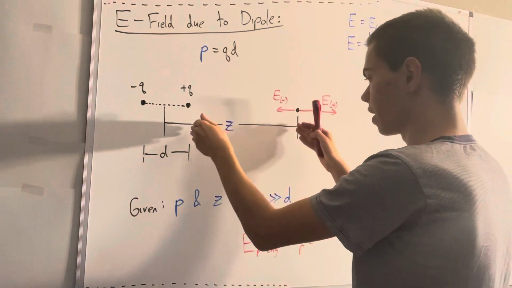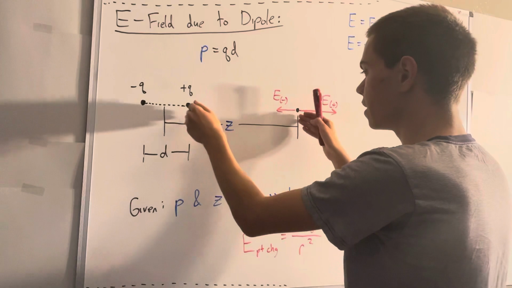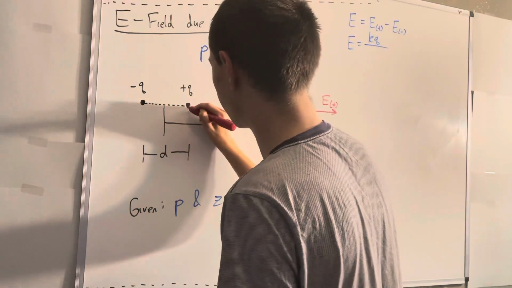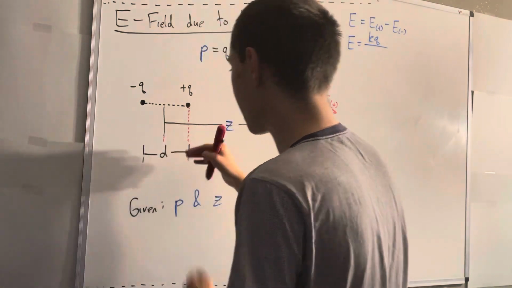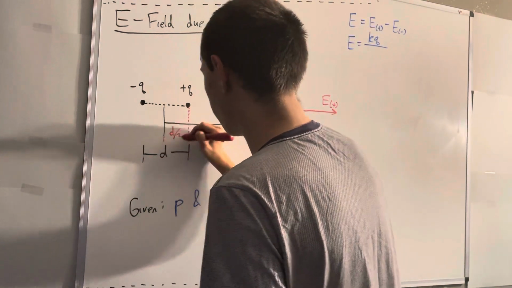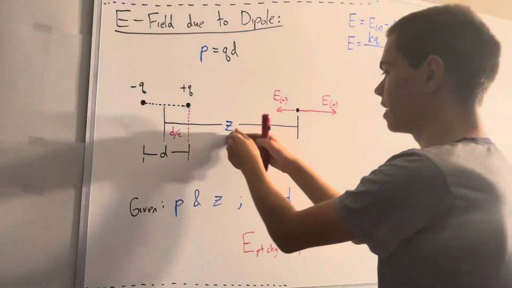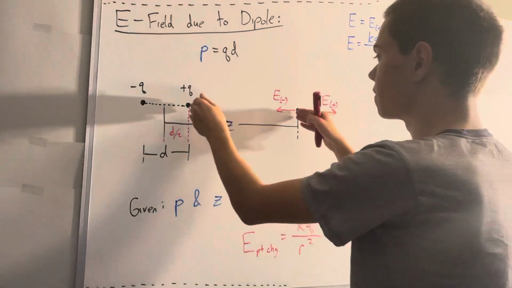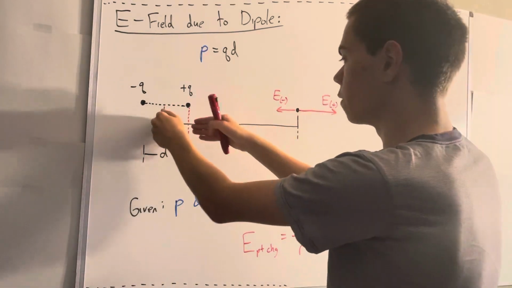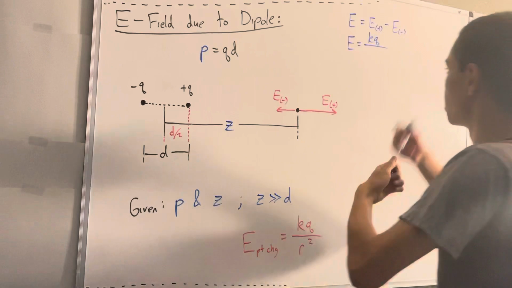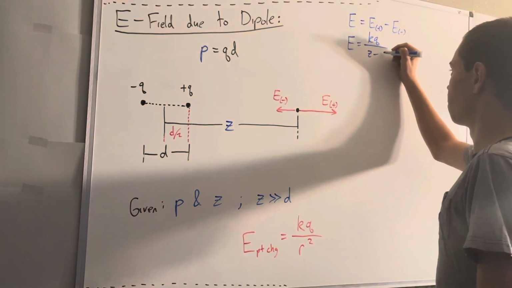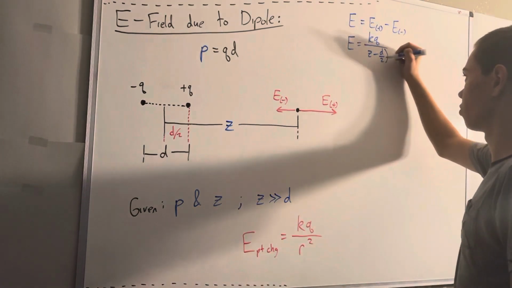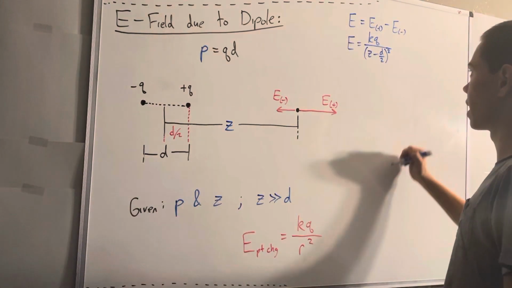It's this distance right here, which is z, minus this distance right here, which is half the length of the dipole, d over 2. The reason is that z is measured to the center of the dipole, so this length has to be d over 2. So the distance to the positive charge is z minus d over 2, and since it's squared, we square that.